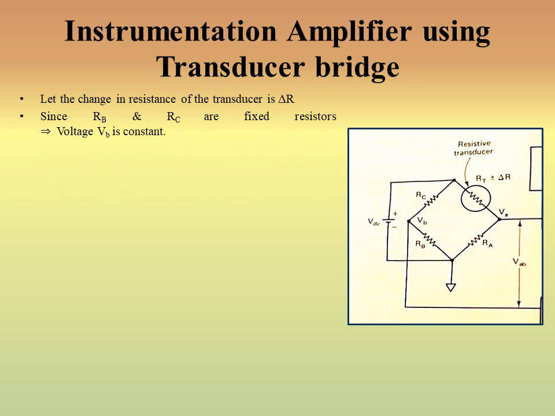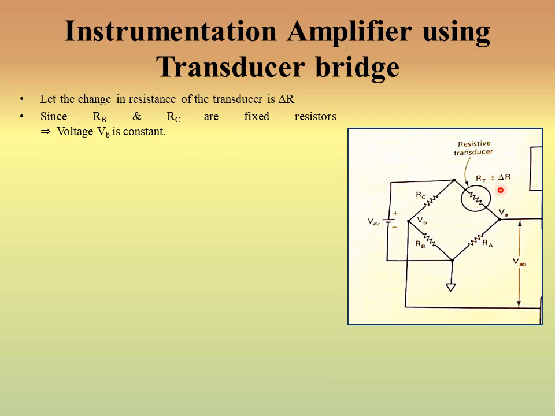As seen from the diagram, RC and RB are fixed resistors. We are not changing them. So, because RB and RC are fixed resistors, this voltage VB will be constant. Also, RT and RA are fixed resistors, but delta R is changing.